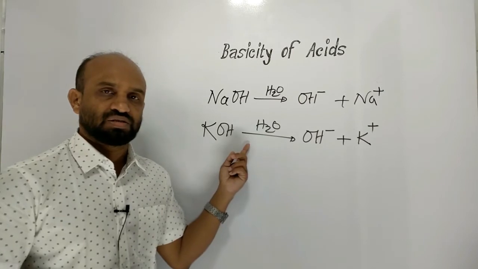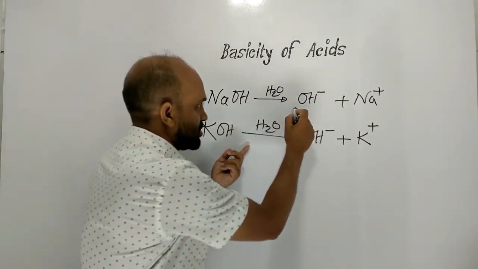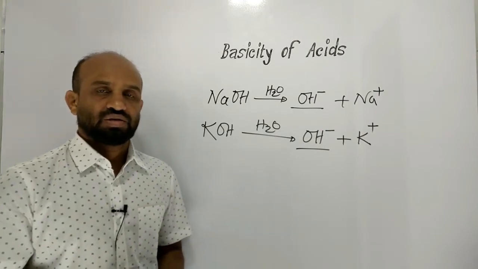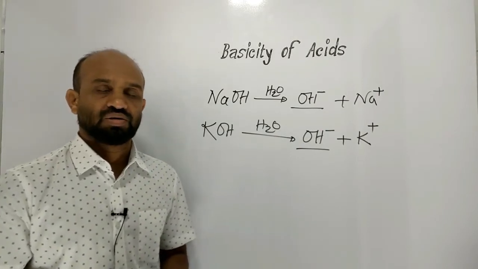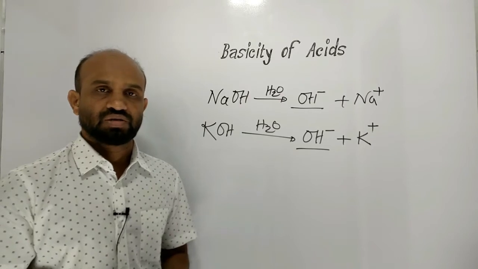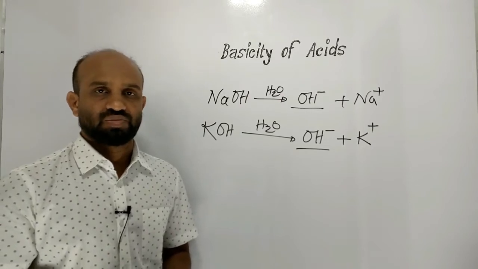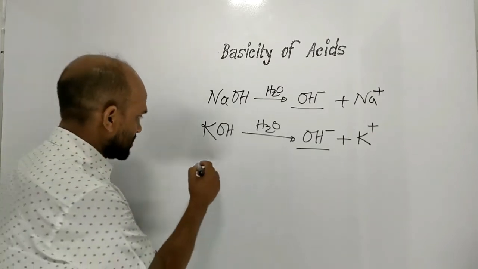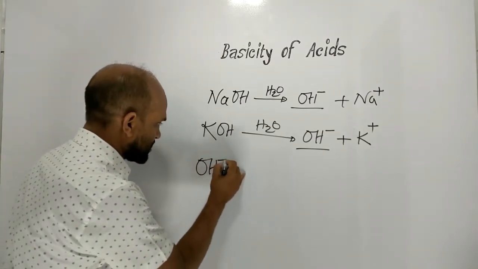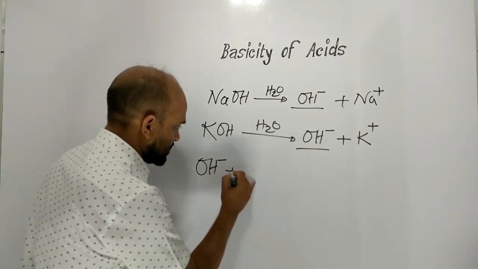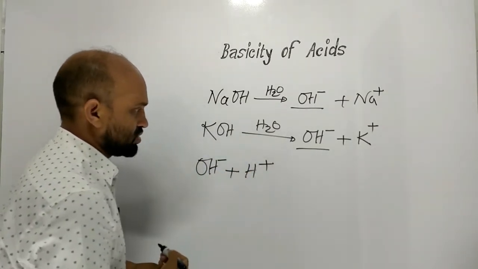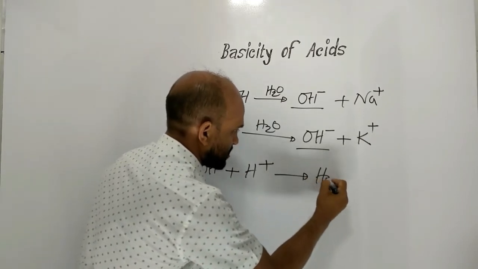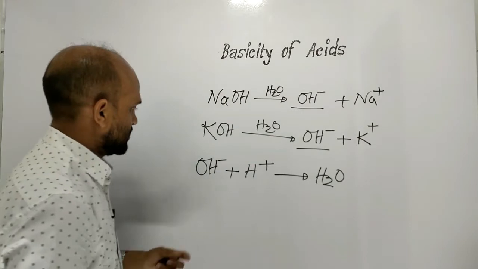As these bases produce one hydroxide ion, that is why these bases are called monoprotic base or monoacidic base. Mono means one. Here, this one hydroxide ion neutralizes one proton and produces water molecule.